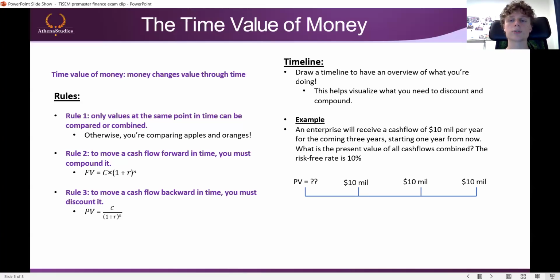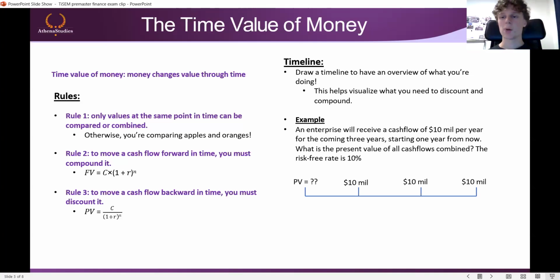Because this not only helps visualize what you need to discount and compound, but in harder questions, it can also help you understand why exactly, where exactly certain growth rates and things like that start. So be sure to always draw a quick timeline when you are working with these discounts.